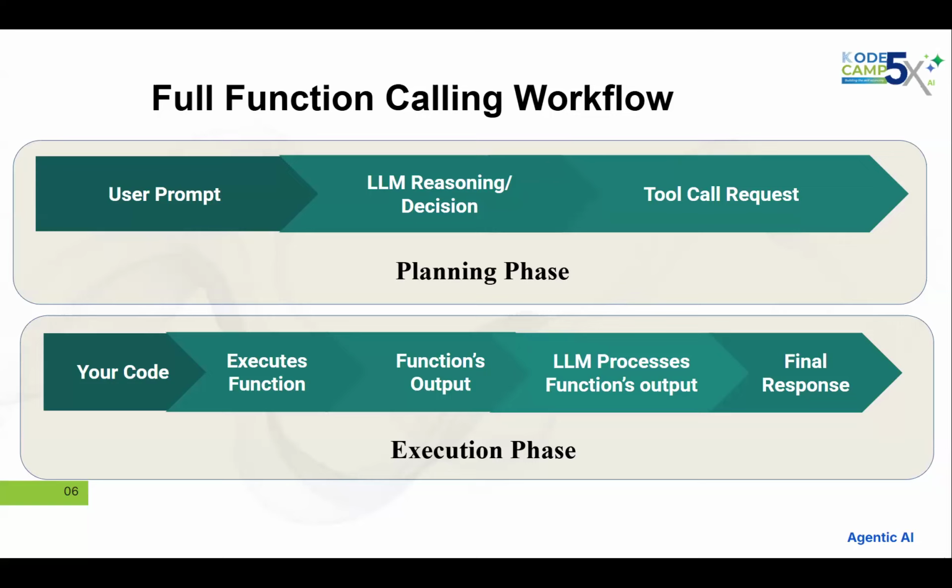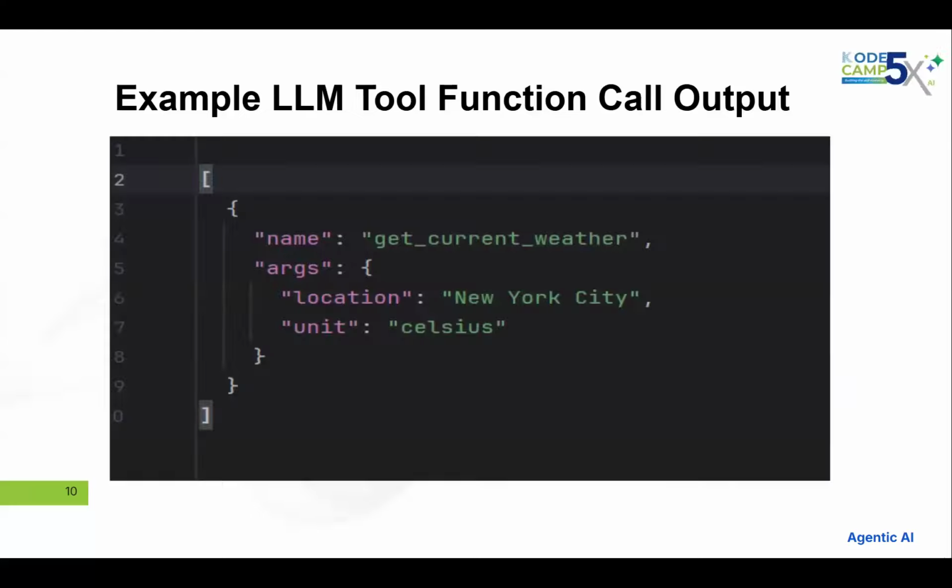And if it determines that it's necessary to call a function, it generates a tool call request. We saw an example of what it looks like. That's what the tool call request looks like.